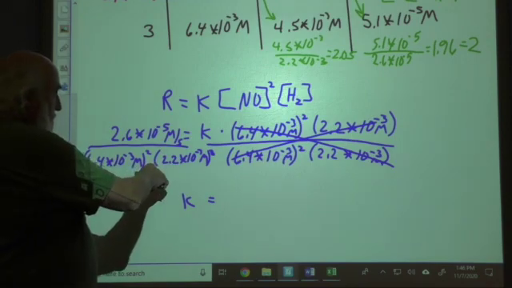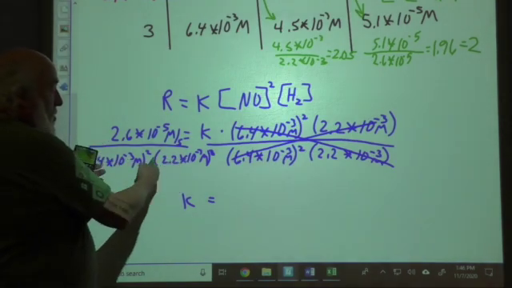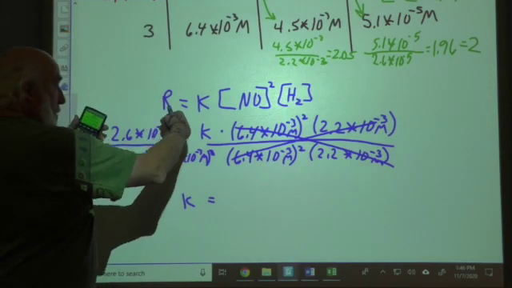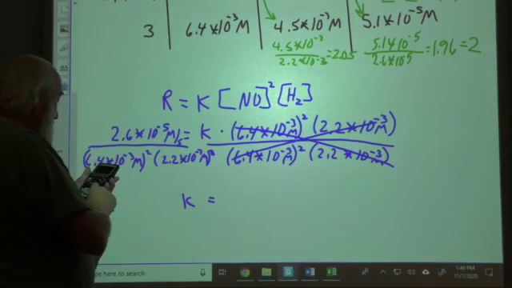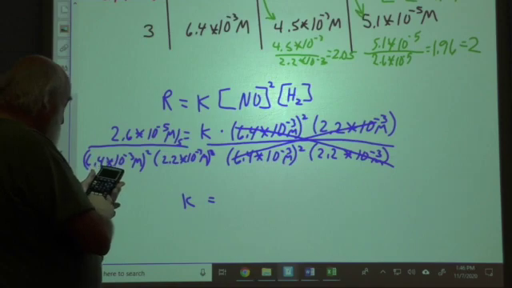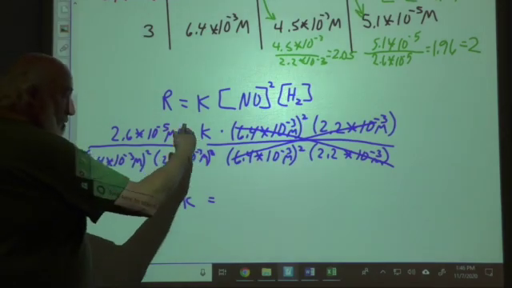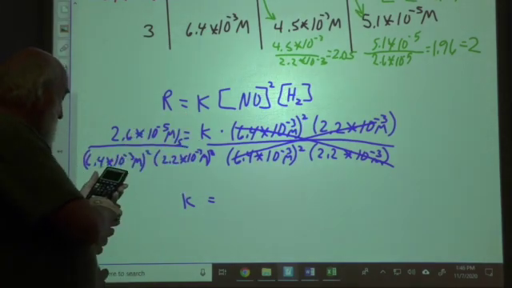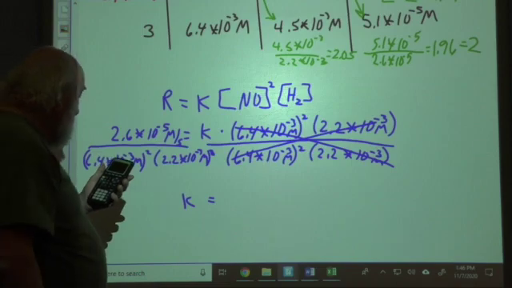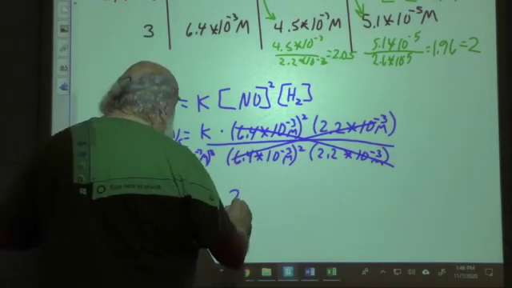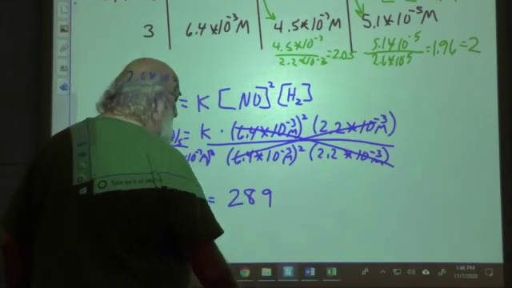And then since this is in the denominator with it, even though you're multiplying these two, you're actually dividing them both into this. So we hit the division sign again. 2.2, second E, negative 3, and there's no square. There's just some fly that I smashed. Hit enter, and I get, rounding to 3 sig figs, 289.